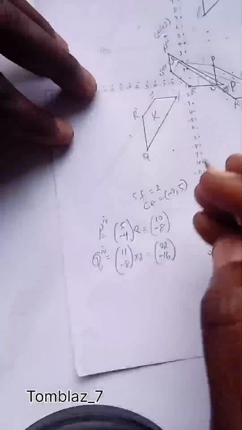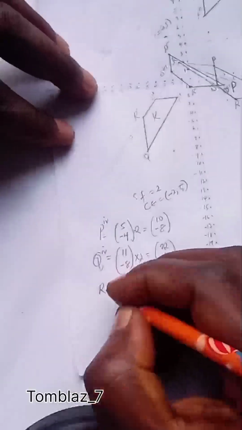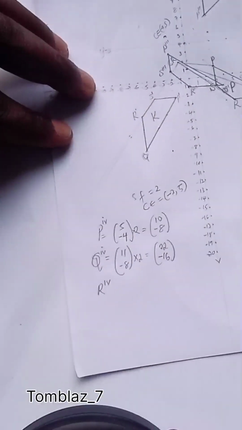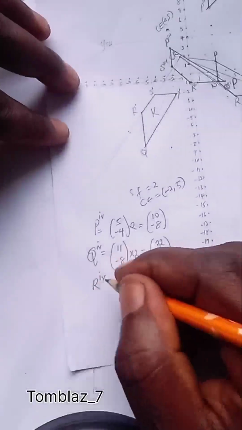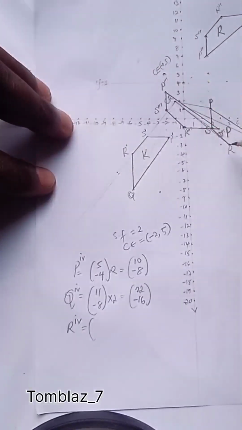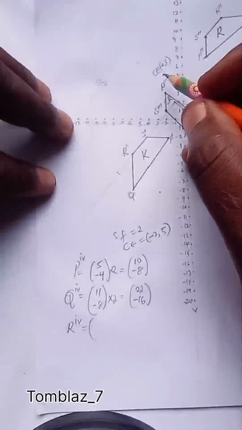And let's go to the next point, which is point R IV. Let's get the distance from the center of enlargement to R, horizontally and vertically. So horizontally we go this way.